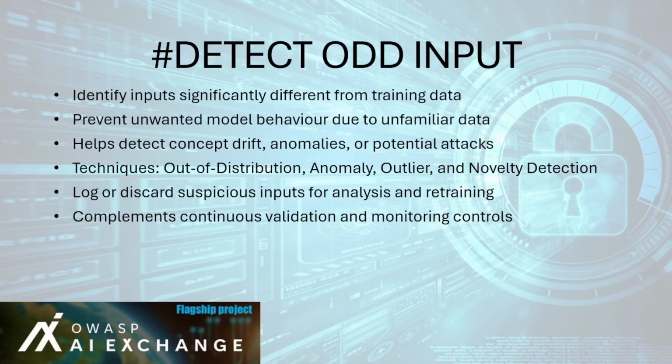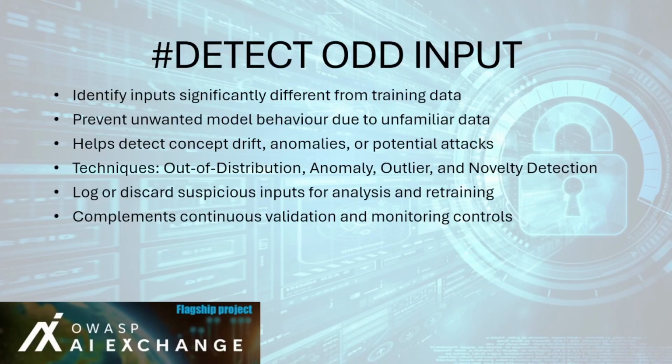Even if the input isn't malicious, it can lead to incorrect or unpredictable results because the model has never seen such data before. By recognizing and managing these inputs, organizations can prevent errors, detect potential adversarial manipulation, and maintain model integrity over time. Detecting odd inputs also helps identify concept drift, where real-world data slowly changes from the training conditions.